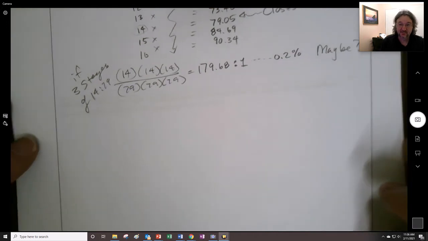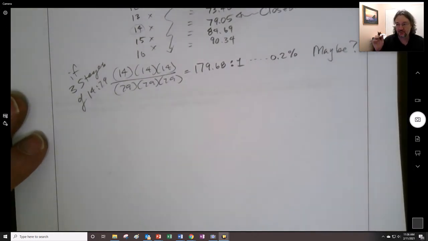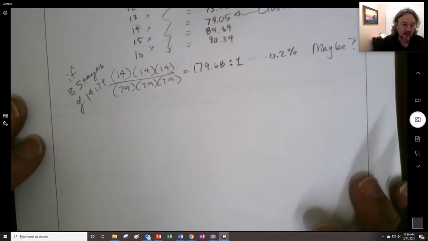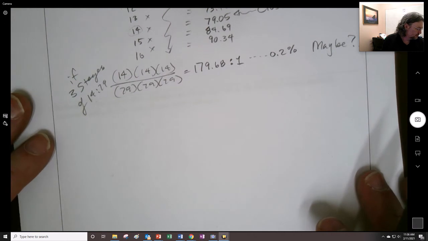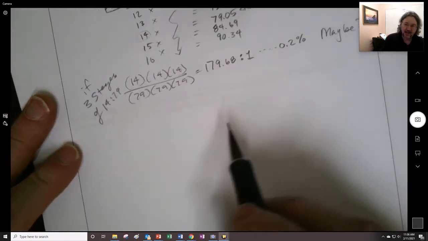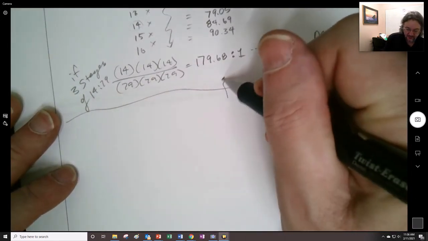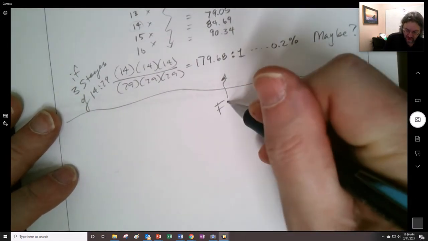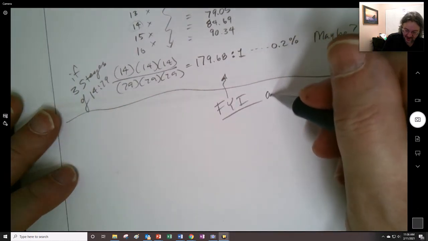If it's a taskmaster, they don't want to come back and say, I said 180. But if it's an exercise, we want to get 180. So this was just informational, for your information, an idea.